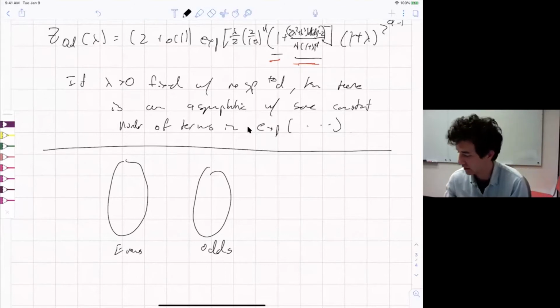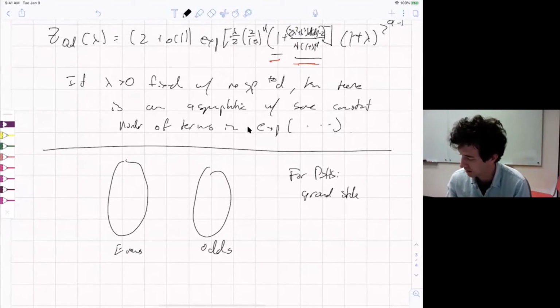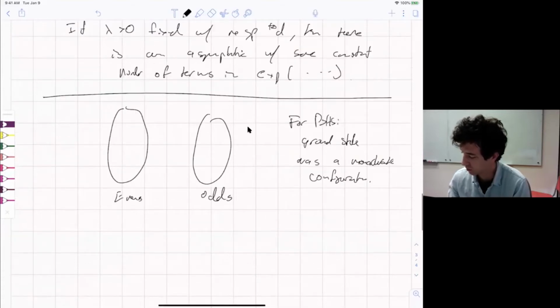So for Potts, a ground state was a monochromatic configuration. For this hardcore model on the hypercube, or on a lot of bipartite graphs, we're going to work with a generalized ground state.